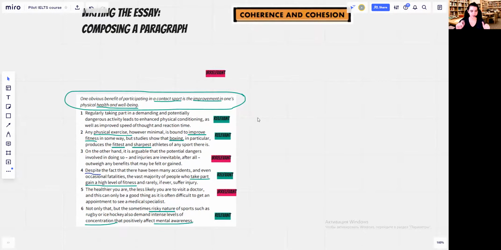One being an additional idea, introducing an additional idea, then providing an example, providing a reason, a result, and an opposite idea that still reinforces your own opinion. So let's start with these 5.